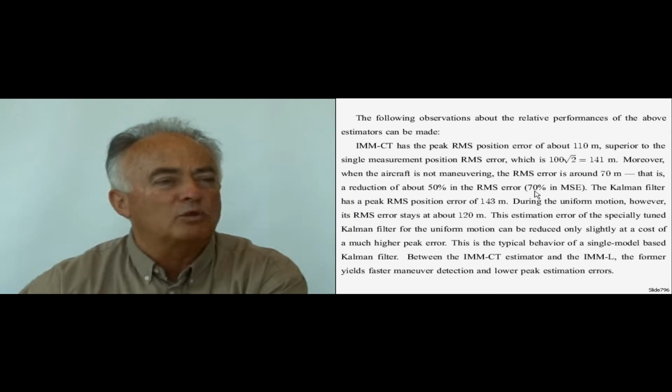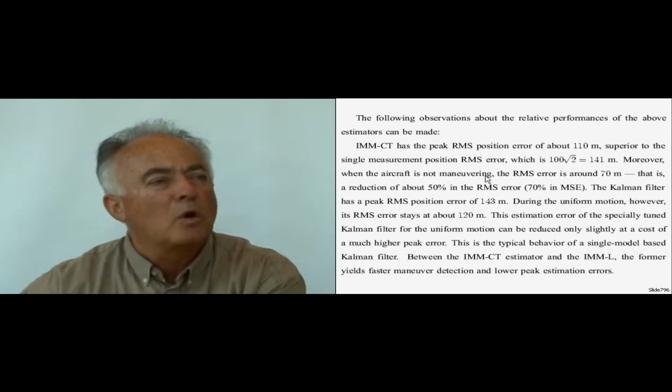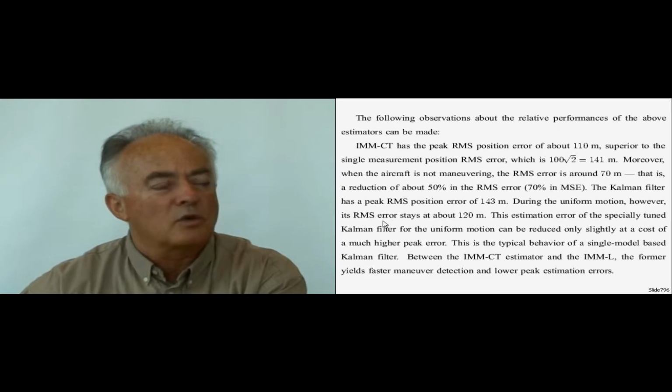It will be down to 30%, a 70% reduction in the mean square error. And the Kalman filter has a peak RMS at just around the level of the raw measurement, 143, but it does not go in the intervals of uniform motion much lower. It goes down only to about 120 meters.